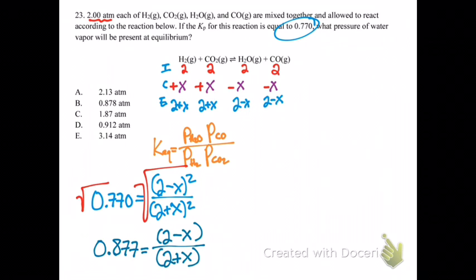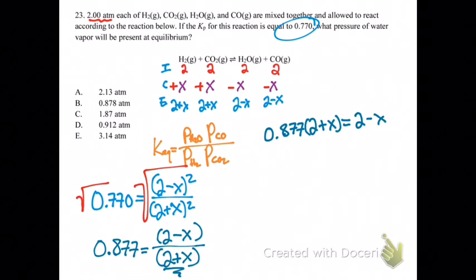So I'm going to multiply this 2 minus x through, and what we'll have then is that 0.877 times, actually I'm going to give myself a little bit more room here. We're going to have 0.877 times 2 plus x is equal to 2 minus x.